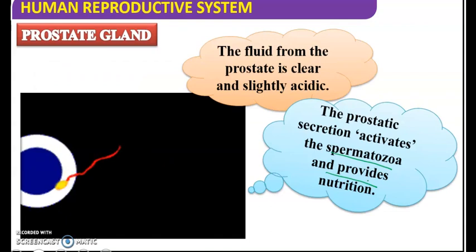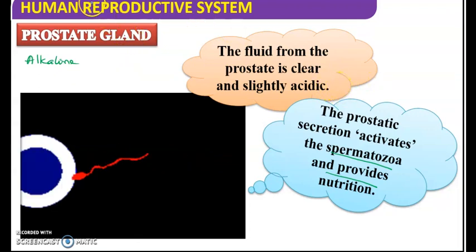Now before we go into Cowper's gland, there is something that I want to mention here. The fluid of the seminal vesicles is alkaline in nature, whereas the fluid coming from the prostate gland is acidic in nature.